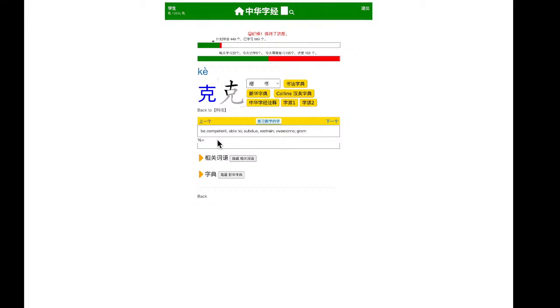克 means be competent, able to subdue, restrain, overcome. Also there is a measuring unit called 克, that means gram. That's the measuring unit. 一克 is a very tiny amount, right?